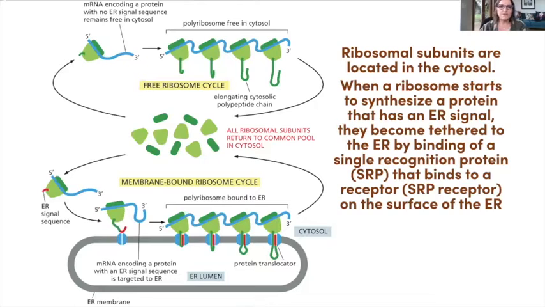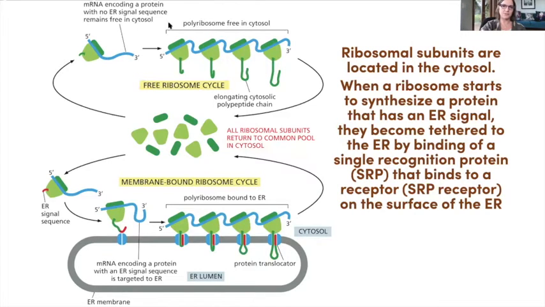So proteins that are going to enter this trafficking pathway, either a secretory pathway or that are going to wind up in the ER as their final destination, are synthesized by ribosomes on the surface of the endoplasmic reticulum. And it's the proteins that are being synthesized that actually tether the ribosomes to the endoplasmic reticulum.